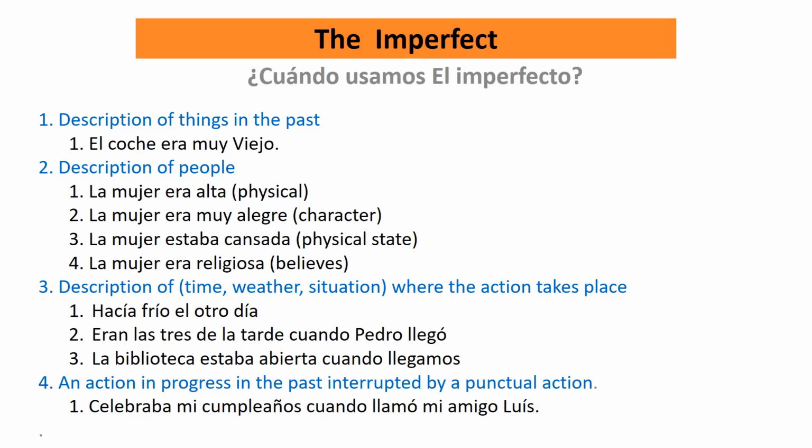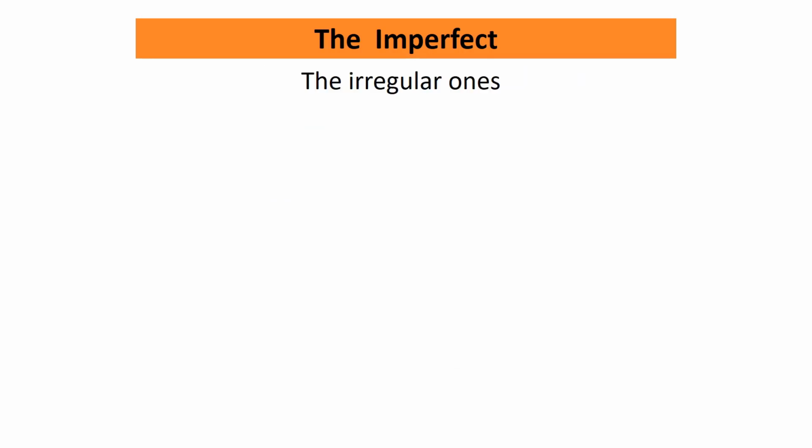So what I was doing, the celebration of my birthday, got interrupted by my friend Luis's call. Okay, so these are additional uses that we have when we need to express an action in the past in the imperfect tense. Now we have learned when to use imperfect and how to conjugate it.